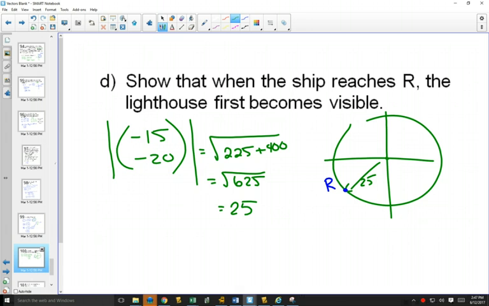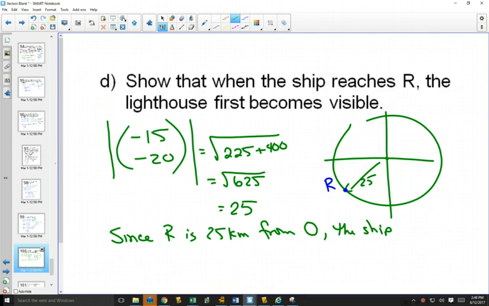And sure enough, it's equal to 25. So we could write a little statement here. Since R is 25 kilometers from O, the ship becomes visible when it gets there.